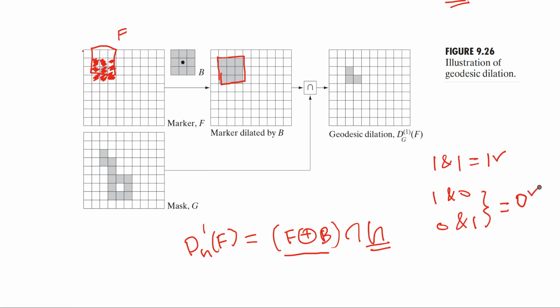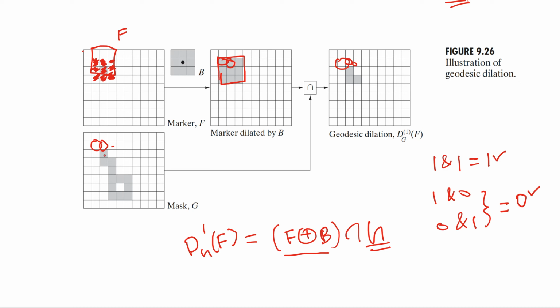If the result is 0, then I will not select it. So when you take this pixel and this pixel, there is 0 here and there is 1 here, so it will be 0 at this point, because you are performing 0 and 1. Now here you have a 1 and here you have a 0, so the result is 0 again, and here you have 0 and here you have 1, so the result is 0.